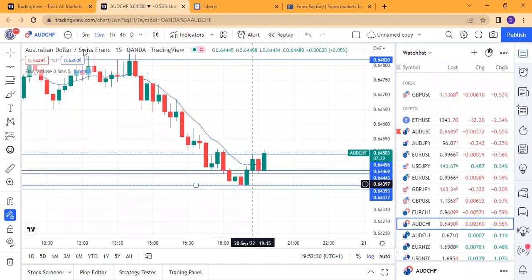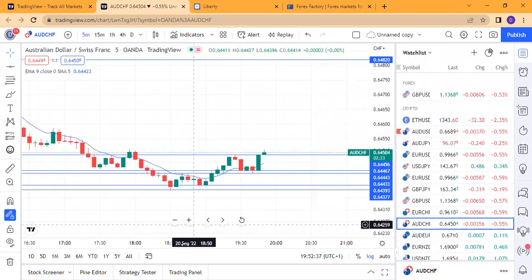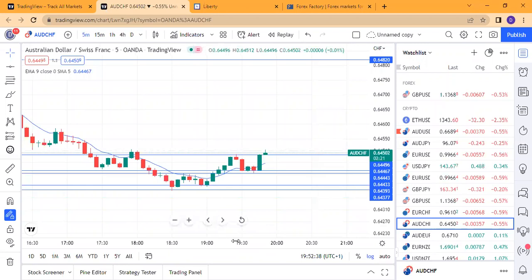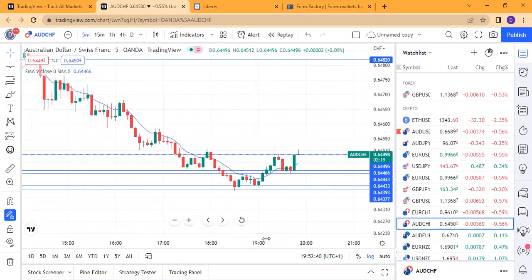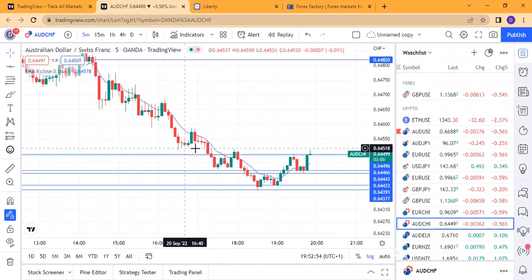Look at this, guys. Let me put this on my 5 minutes time frame. Now see my example, see what I'm trying to show you. At a certain point of the day, around 4 o'clock, this 500 zone was a floor.